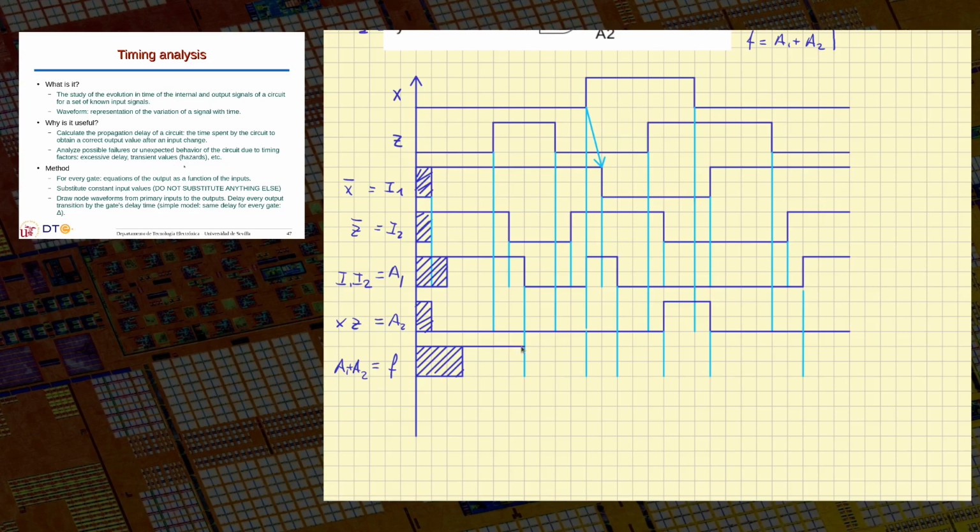So up to here, this will be 1 or 1. Now I have 0, 0. 0 or 0 is a 0, so it will change to 0, but not immediately, with a delay. And it will continue to be 0 up to the next checkpoint, where I have to check if it changes or not.